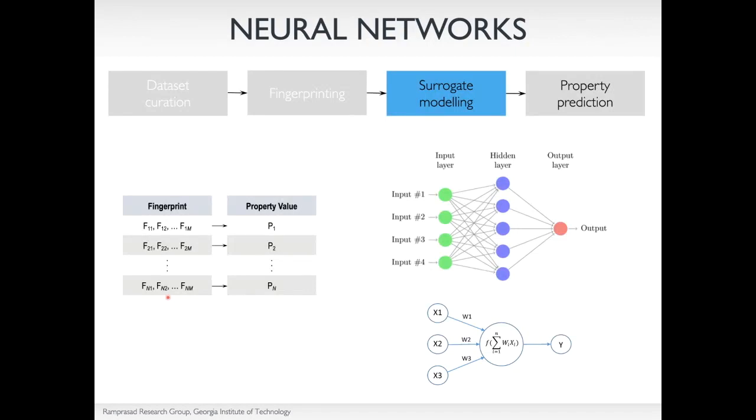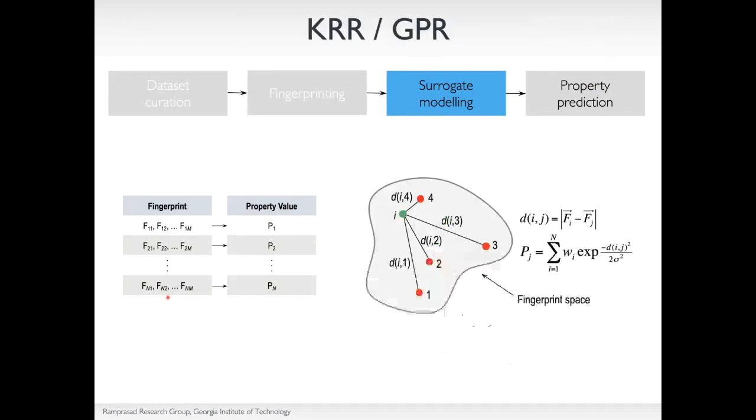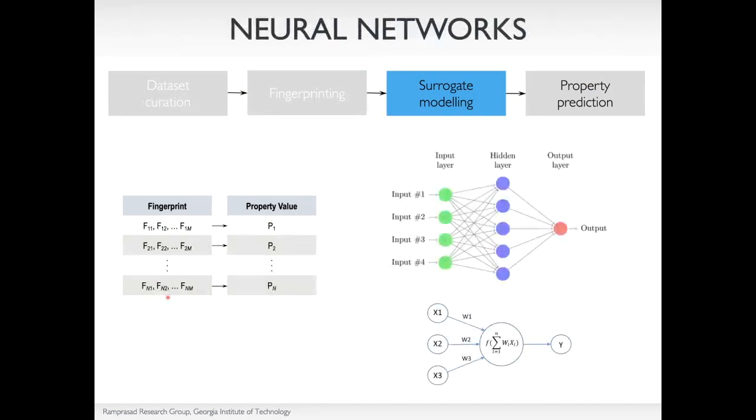So you better be very careful if you're going to use a neural network when you have only 100 data points. You are much better off using this algorithm. This will work really very well. So when you are in the small data situation, you use something like this. If you are in the large data situation, you use something like this. Okay, that's the answer I have for your question.